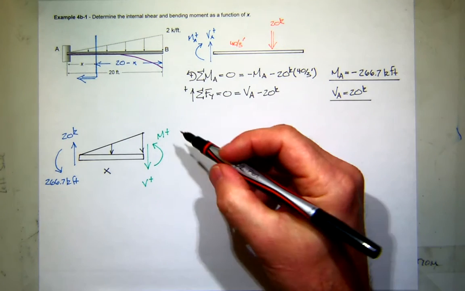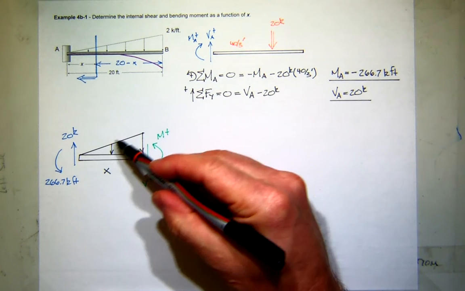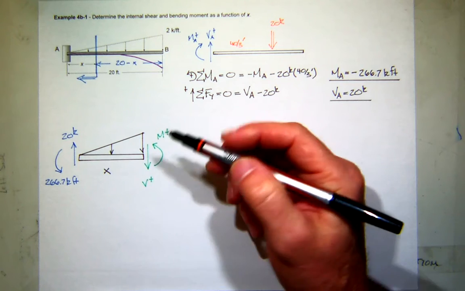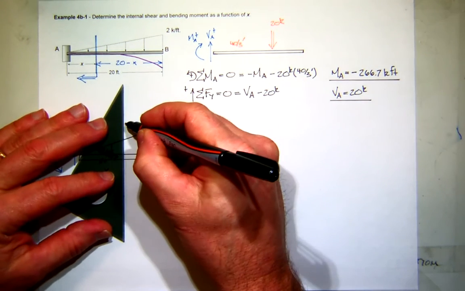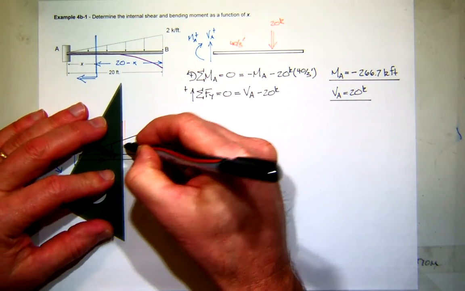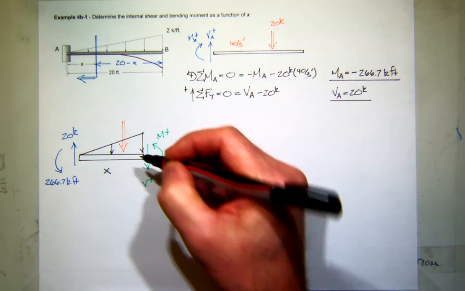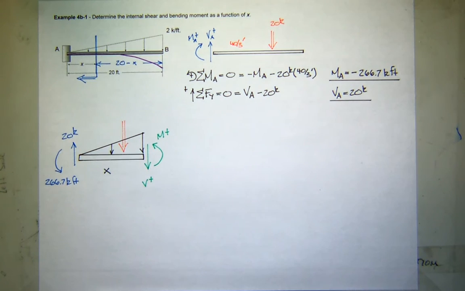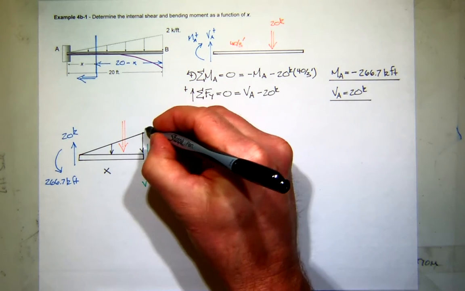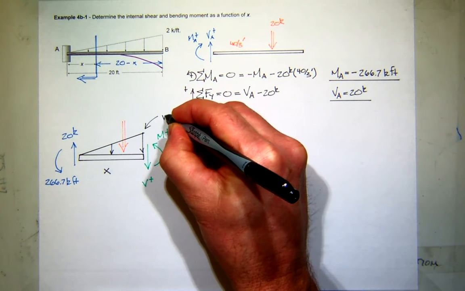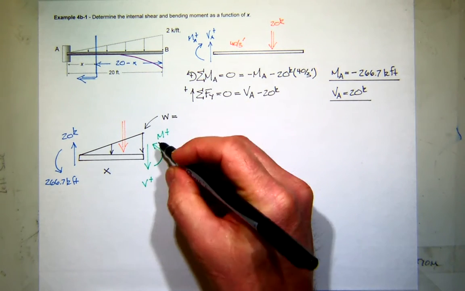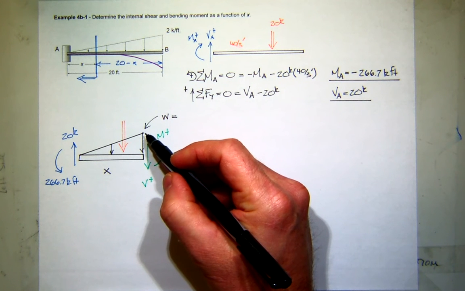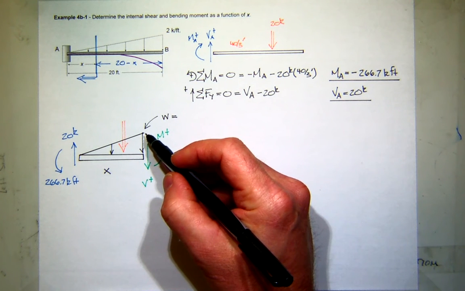So our next step is to get a concentrated equivalent force for this distributed load. So what is the force? Well, it's a triangle. So it's going to be 1/2 base times height. What's the height going to be? What's the height right there? What is the load right there? Well, this is where I think you're going to have to go back and look at the slope and write an equation.